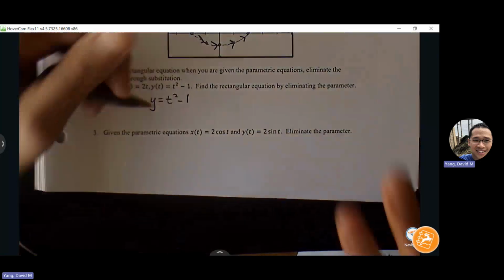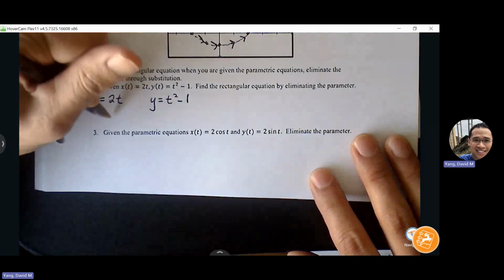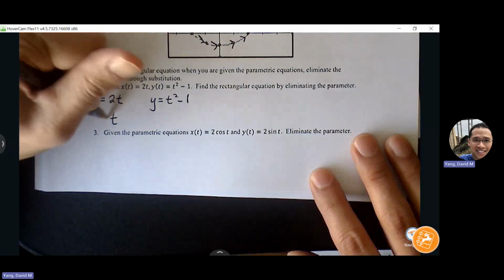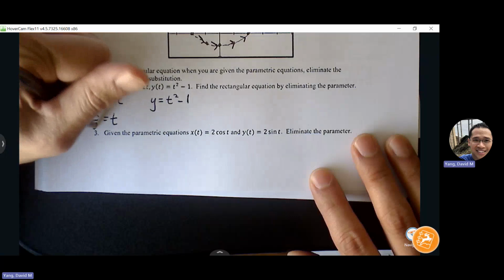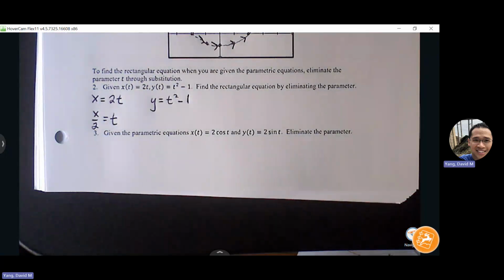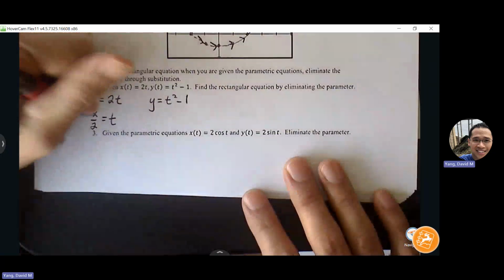So I'm going to solve for t on this side. So t equals what? X over 2. So now we're going to take this and make the substitution into the other equation.